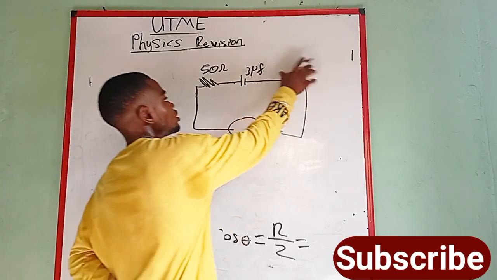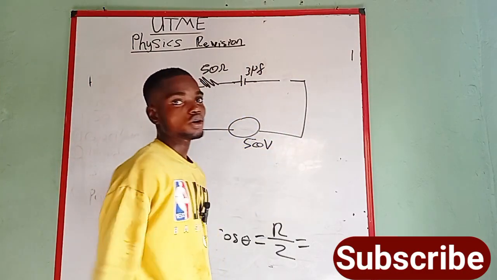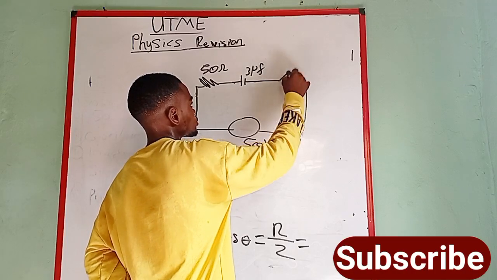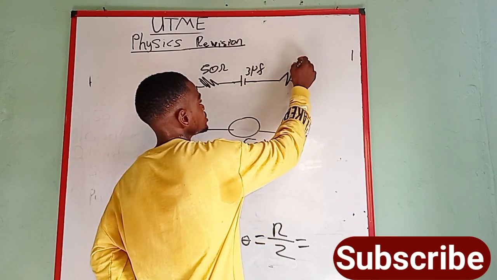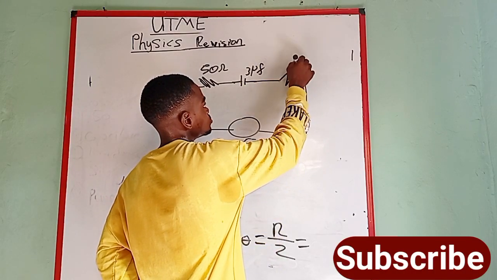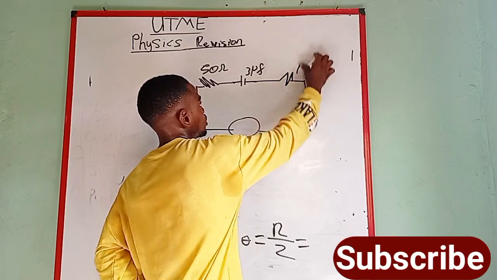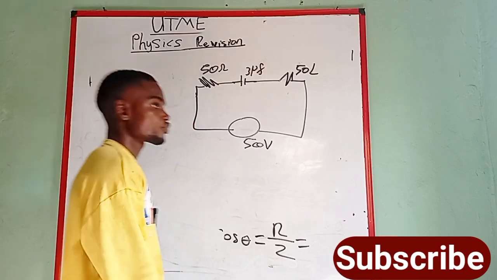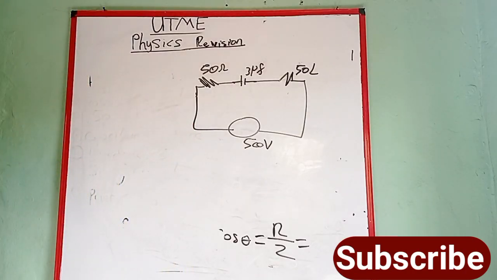And then we are now going to include an inductor. Let's make it 50. So this is it.